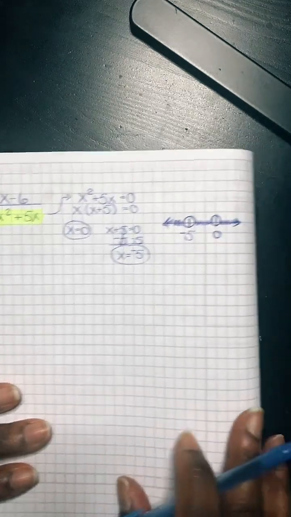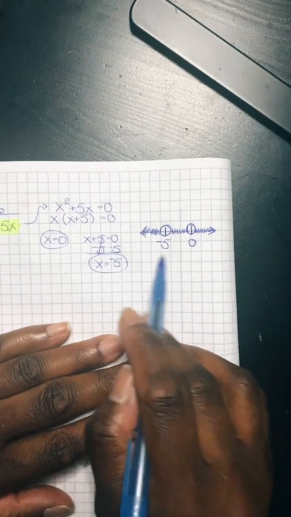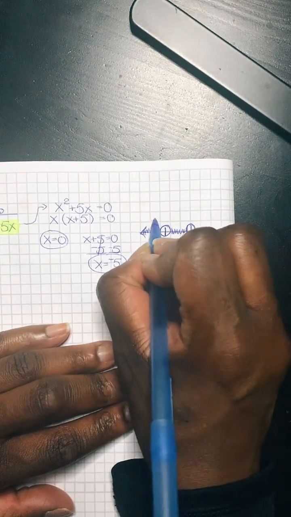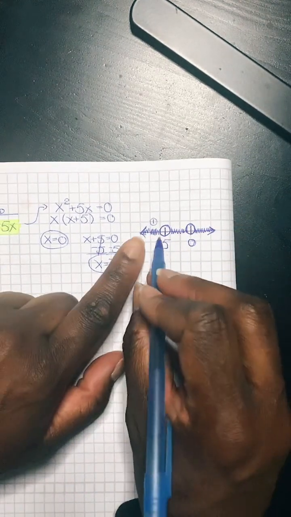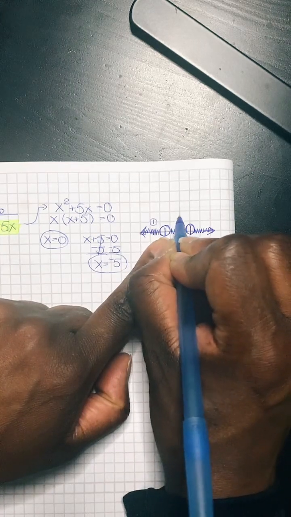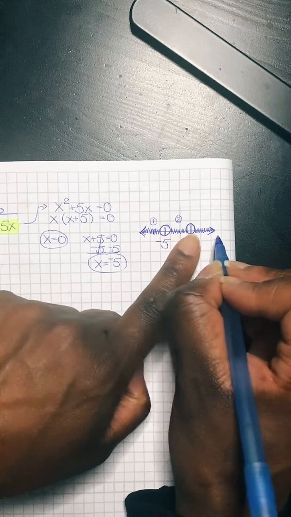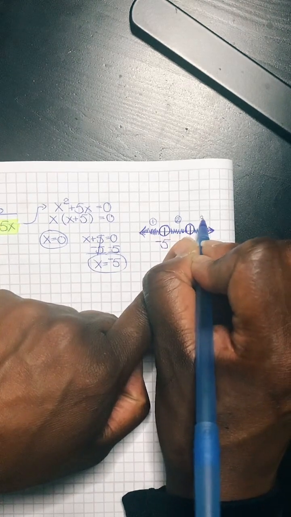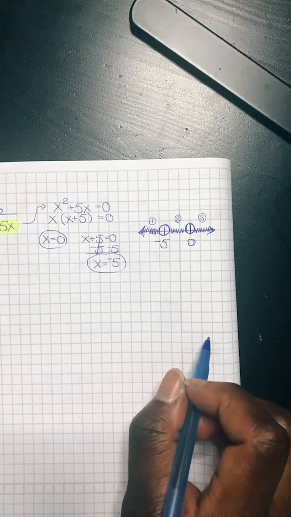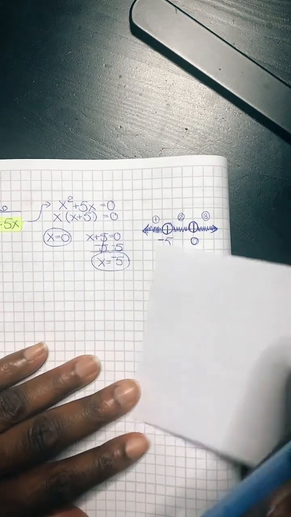So how would this be written? Okay, so now we're writing our solution. We have one section here, we have another section here, and we have this third section. So let's take a look at the first section.